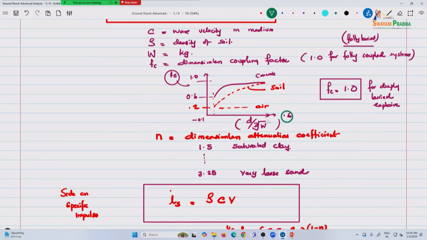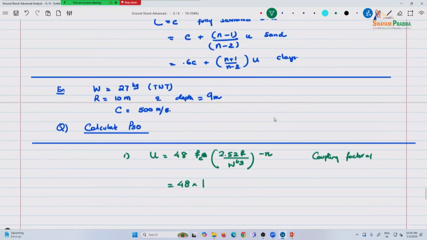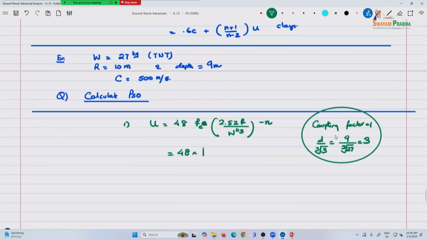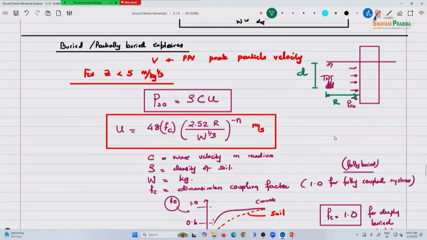So D divided by the cube root of W is 9 divided by the cube root of 27. So the coupling factor is 1, multiplied by 2.52 times 10 meters, to the power minus n, which depends on the soil.